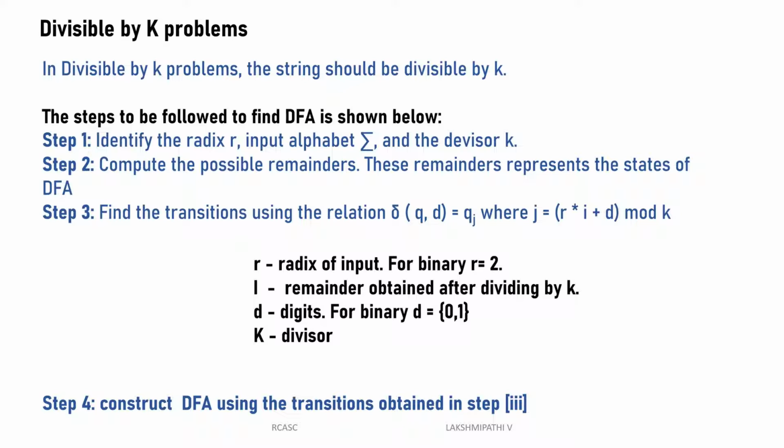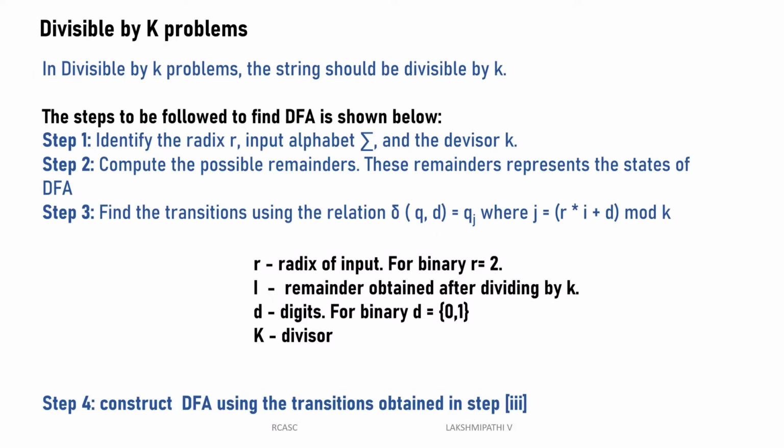The divisible by k problem is that the string should be divisible by k. The strings we are considering will be divisible by k. Then we use certain steps. The first step is to identify the radix, input symbol and divisor. That is the main thing. Once we read the problem, we go for finding the radix, input alphabet, and then the divisor.